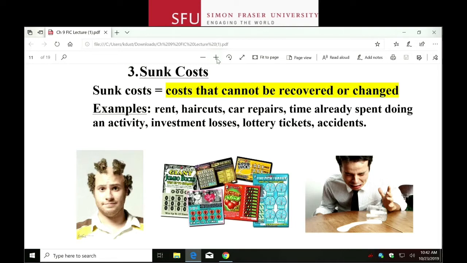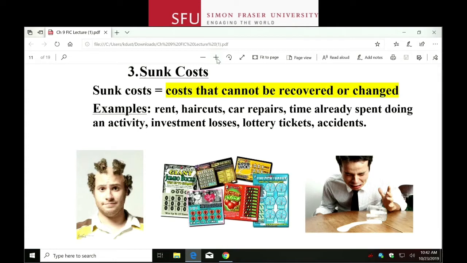So the point with a sunk cost is that your decision should not focus on the sunk cost at all, because there's nothing that you can do about it. Your decision should be, what should I do now? Like what are my options to do now? What's the best thing to do now? And I have to just forget about whatever has happened that is a sunk cost.